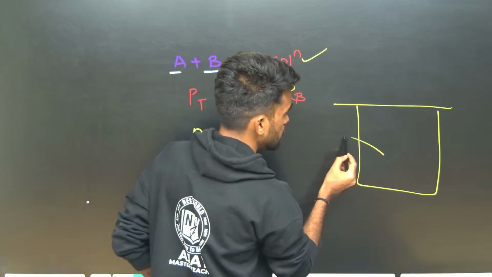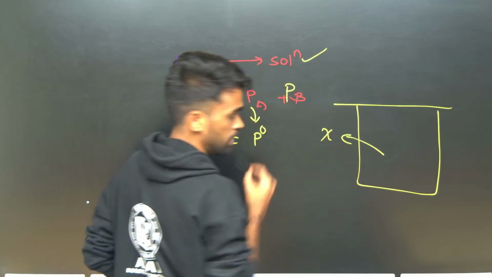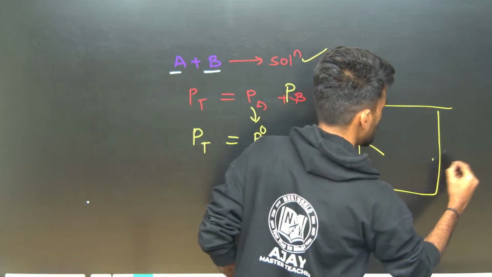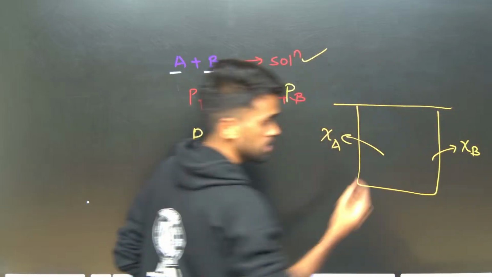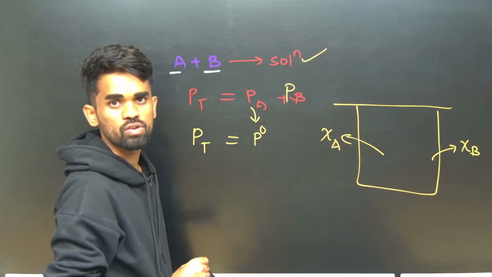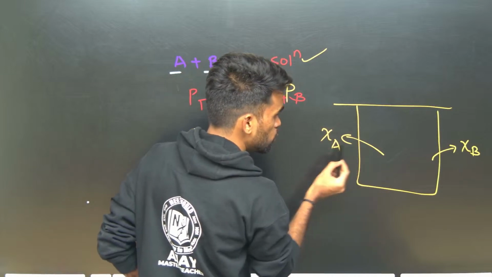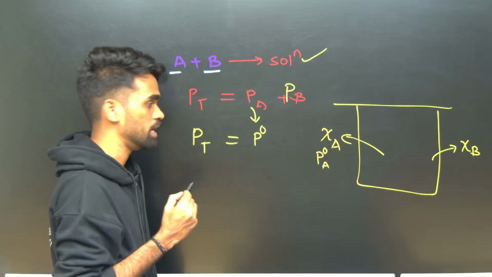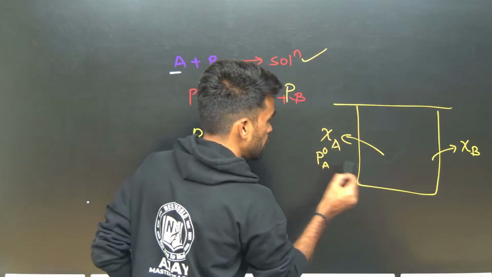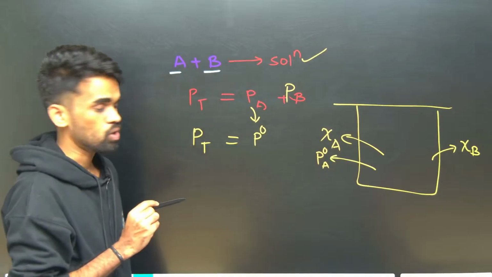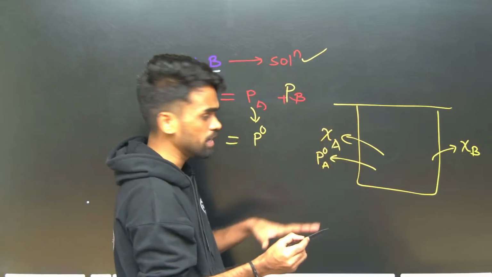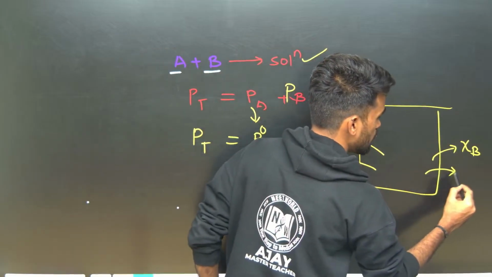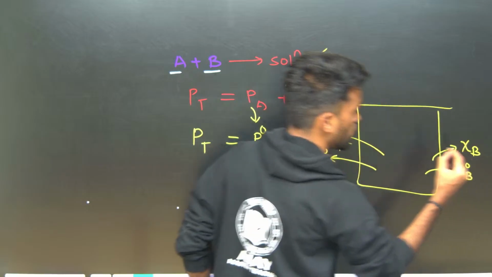In this we have some amount of A and B, represented by their mole fractions, the composition of A and B. Pure A, I can represent as P naught A, is the vapor pressure of component A before mixing, and similarly the vapor pressure of pure B I can write as P naught B.